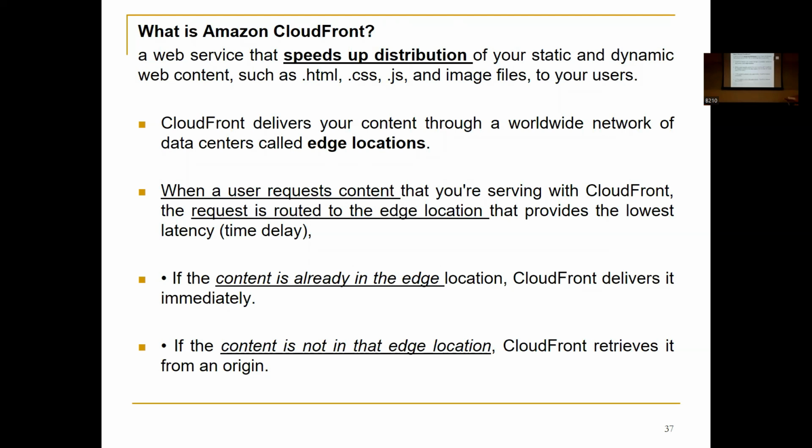This is our original provider. These are some surrogate servers which are placed at different regions of the world, right? Whenever we make a request, it will not go to the original, it will go to some surrogate server, right?